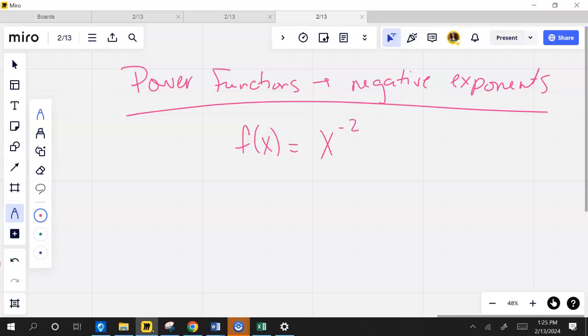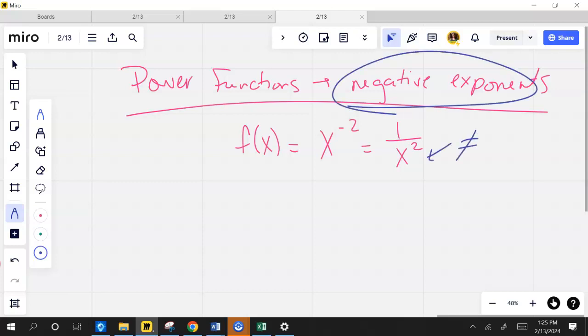That's really the same thing as what? 1 over x squared. Exactly. So now I do get into some problem areas because what do I have here? What's on my graph for this one? Starts with an A. An asymptote. Why do I have an asymptote on this one? I can't ever be 0, right? And that's what I'm going to run into with every one of my negative exponents, is I can't be 0.